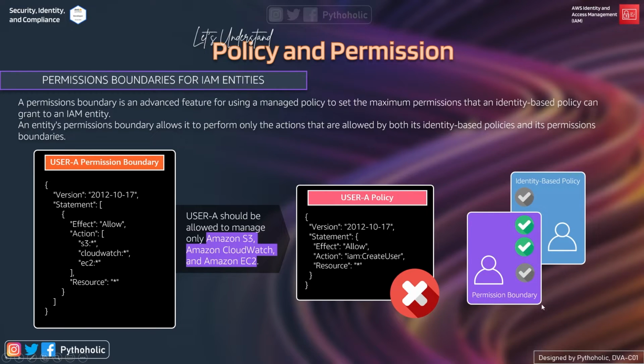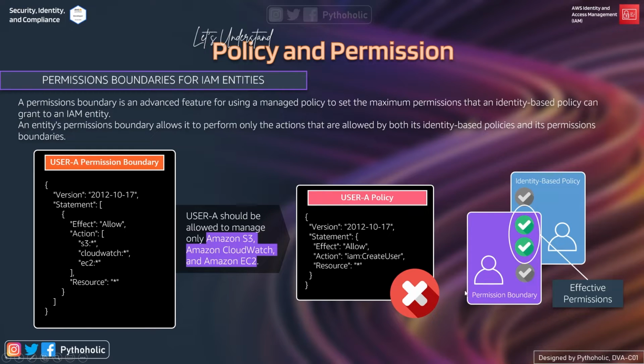The block that you see here is the permission boundary for user A. And we have the identity-based policy attached to user A. And if a policy residing between them doesn't restrict itself under the permission boundary and it still exists on the identity-based policy in the Venn diagram, then these policies are called effective permissions. And effective permissions are the intersection of both types of policies, like this one and the permission boundary.